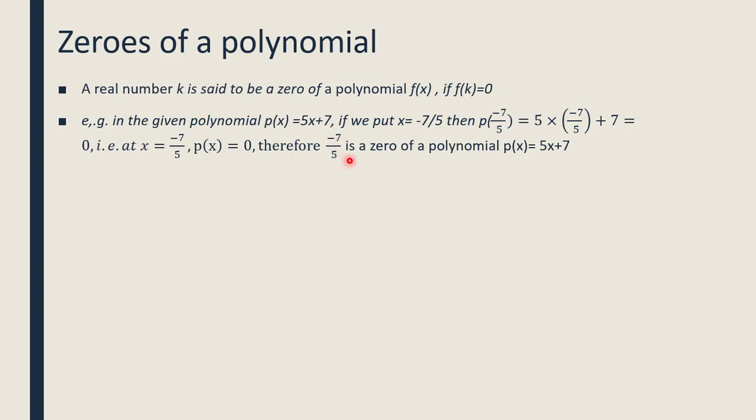Therefore, -7/5 is a zero of the polynomial p(x) = 5x + 7. In this polynomial, when we put x = -7/5, then p(x) = 0. So, x = -7/5 is the zero of the polynomial.